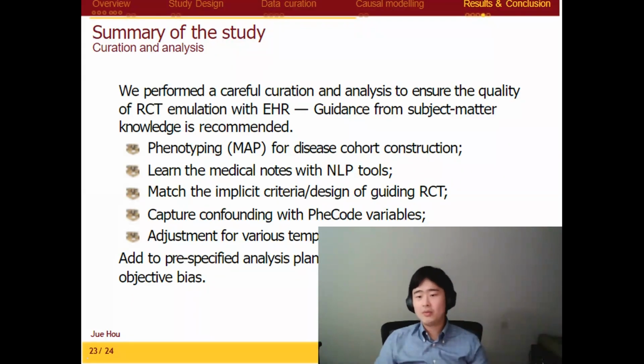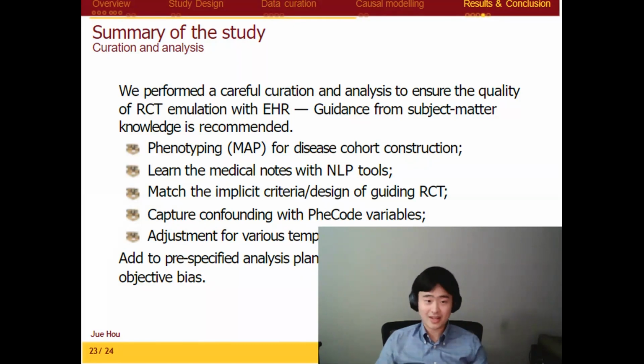So in summary, we performed a careful data curation analysis to ensure the quality of the RCT emulation with our EHR data. We try to be automated, but we still say guidance from subject matter knowledge is recommended. We use the phenotyping method MAP for the disease cohort construction, and we used NLP tools on the medical notes.